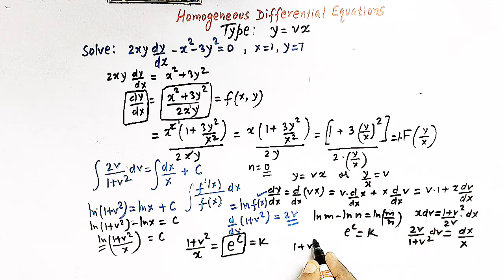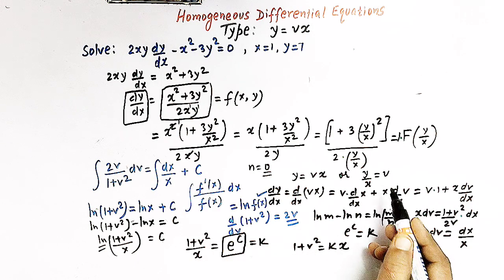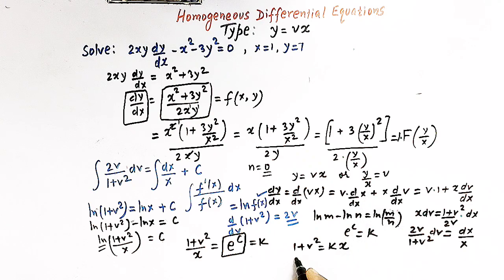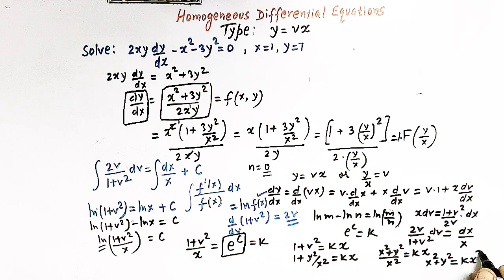So now we have 1 plus v square is equal to kx, multiplying this k with this x, and replacing this v by y over x, we have 1 plus y square over x square is equal to kx. Now solving this, we have x square plus y square over x square is equal to kx, and we can now write x square plus y square is equal to x square times kx, that is kx cube, where k is some constant.